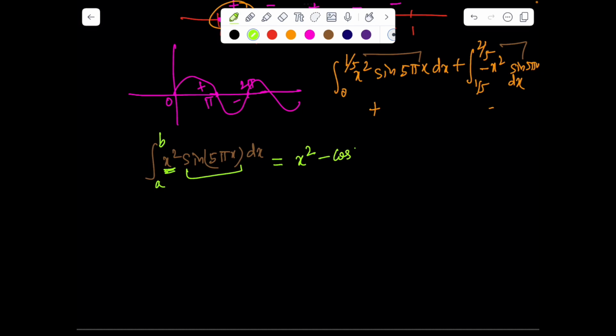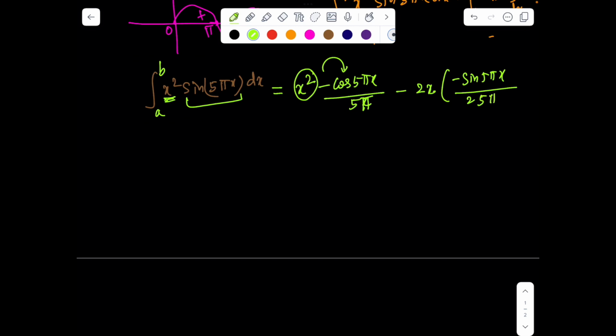So the integral of sine will be minus cos 5 pi x by 5 pi, and then minus, I differentiate first and integrate second: minus 2x, and the integral of that gives minus sine 5 pi x by 5 pi, so it's 25 pi squared.